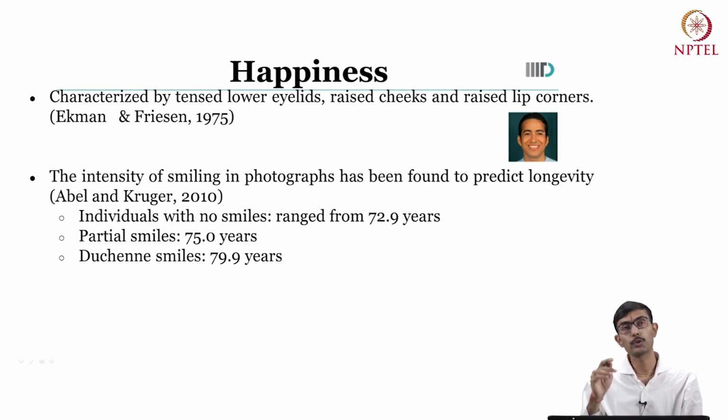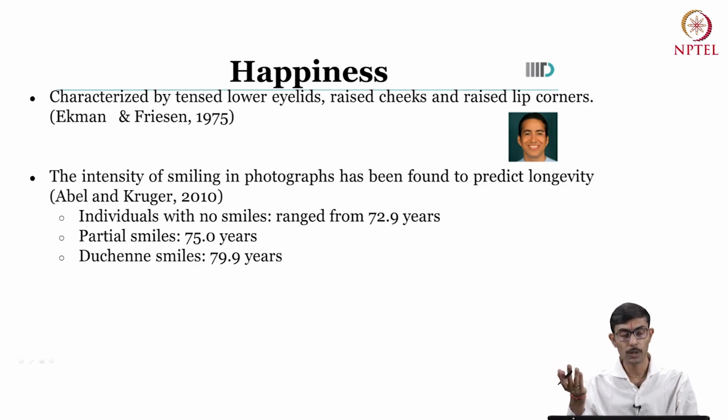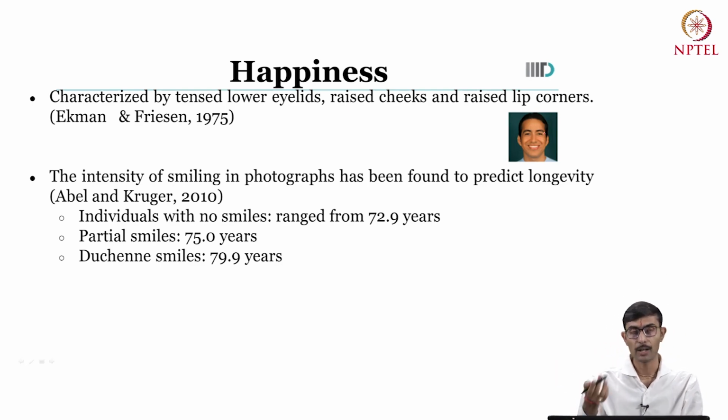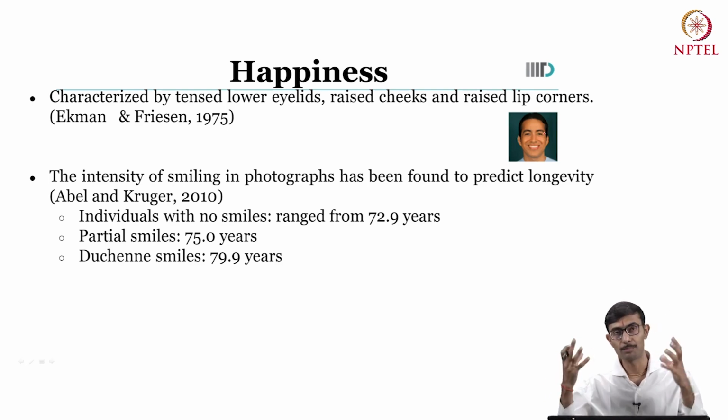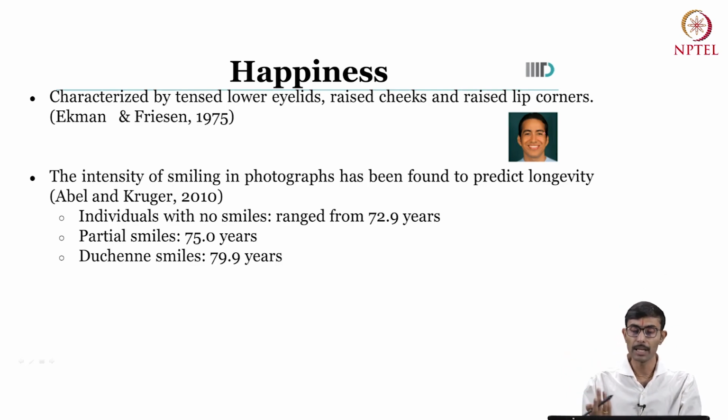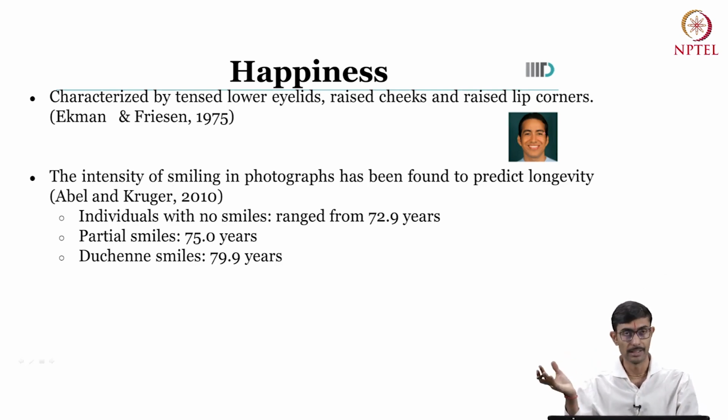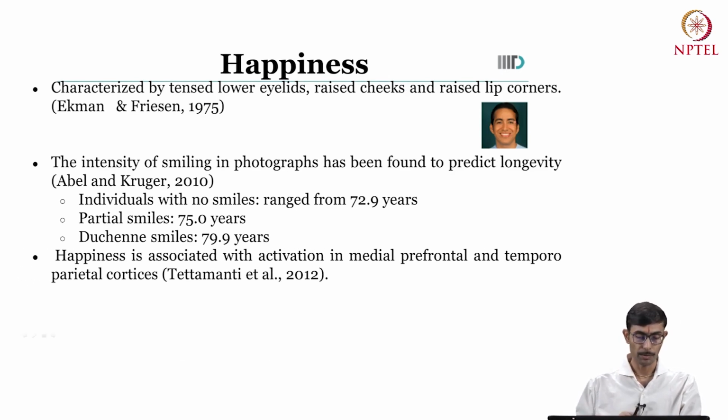Those who showed partial smiles had a longevity of around 75 years. And those who had Duchenne smiles, very broad smiles, had a longevity of around 80 years. So this was another very interesting study that Abel and Kruger performed.